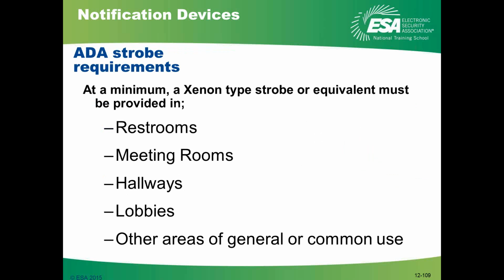One of the things I point out here, even though this started as an ADA requirement, the building codes have actually taken what ADA was requiring and put it into the building codes. And actually went further than ADA did.